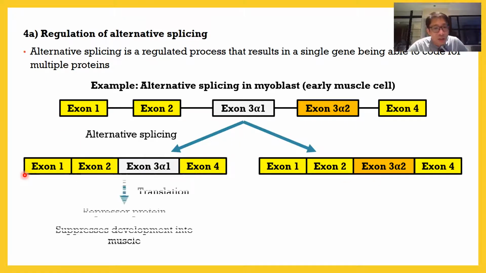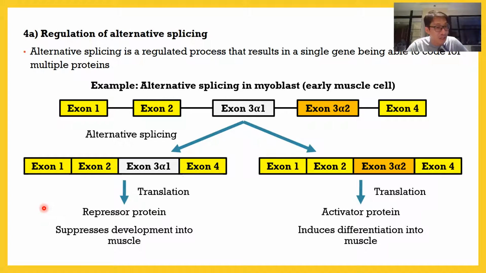The first way of splicing would result in the production of a repressor protein, which is a transcriptional control. This repressor protein would go on to suppress differentiation of the cell into differentiated muscle cells. But the other way of splicing, with the 3 alpha 2, would give rise to an activator protein, again a transcriptional control, which would allow for gene expression, which in the end causes differentiation into muscle. So the cell would differentiate into a muscle cell.